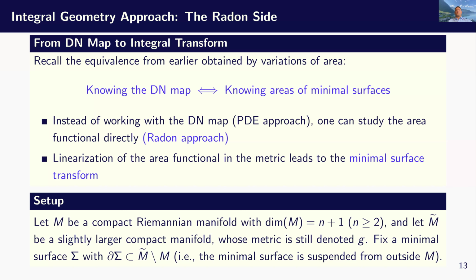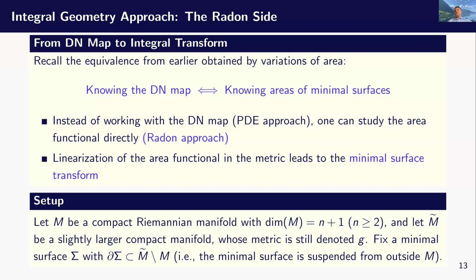And let me now get into more details in this setup. So let me define things more carefully. We have a manifold M, which is compact, it has a boundary. The dimension is general, the dimension is n plus 1. And we put this M inside a slightly larger manifold M tilde.